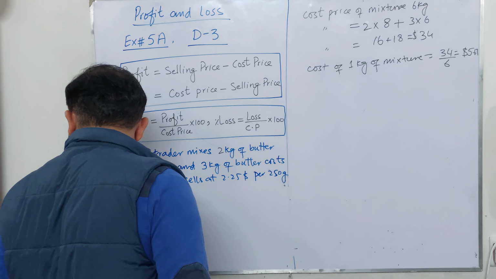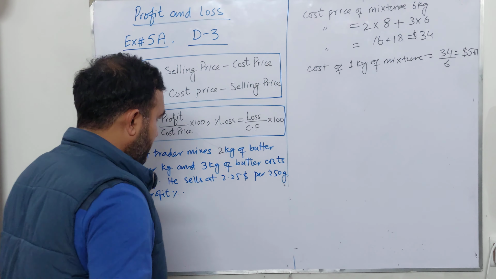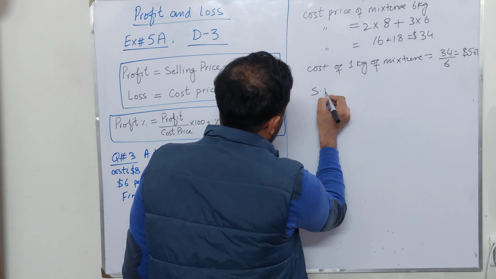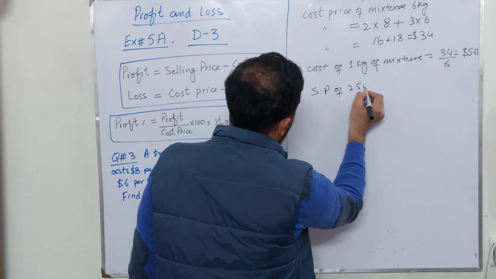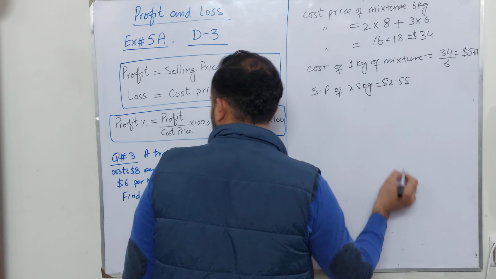Now he sells 250 gram with the $2.55, right? So selling price of 250 gram is equal to $2.55, right?